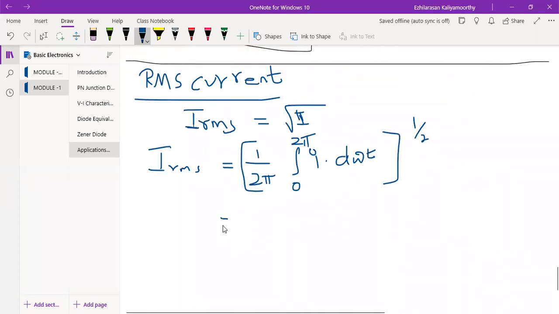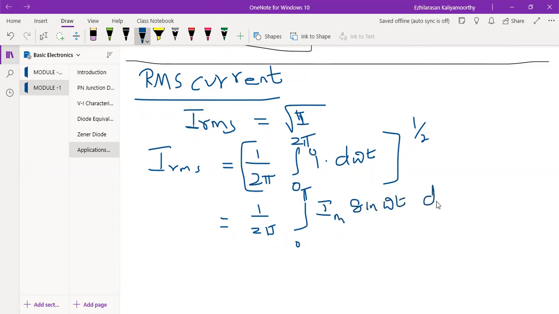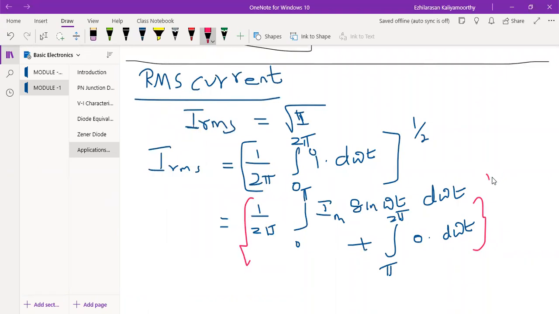Now what will we do? Now you have to substitute: 1 by 2 pi, then take the interval from 0 to pi. From 0 to pi, what is I? It is I m sine omega t into d omega t, plus the next interval from pi to 2 pi, where the value of I is 0, as we saw previously, d omega t, and finally the whole power 1 by 2.